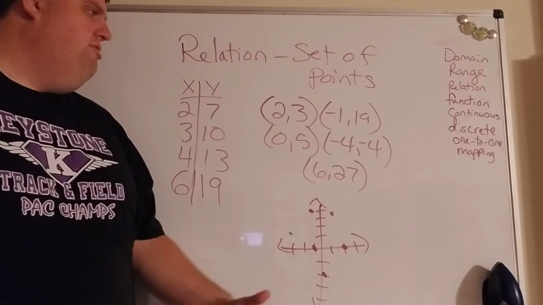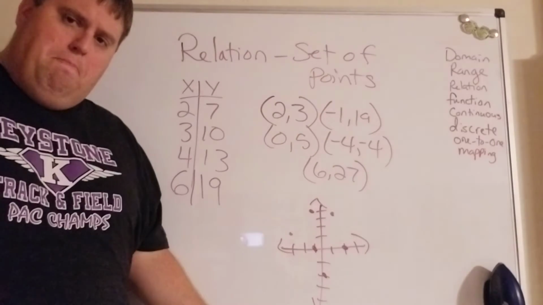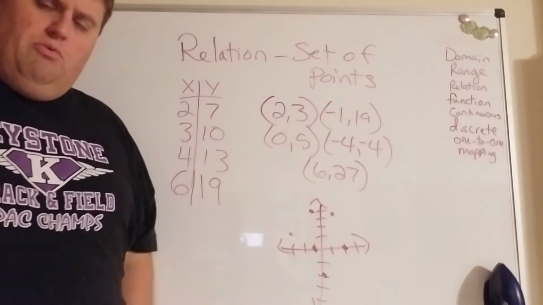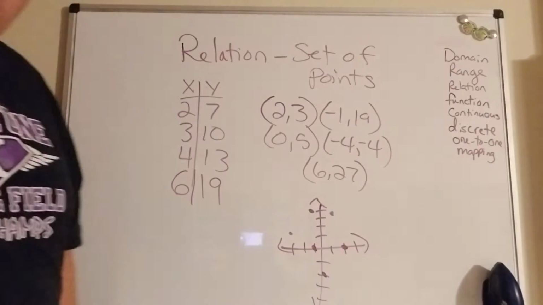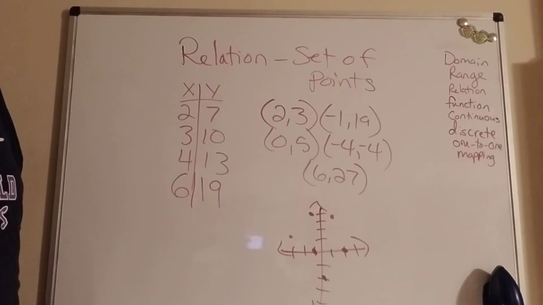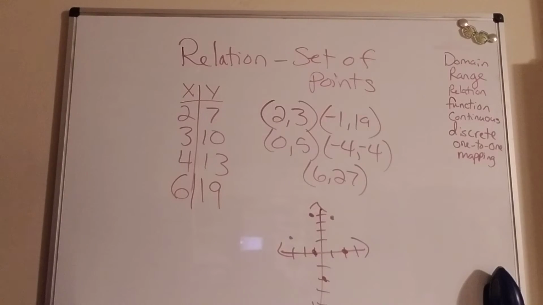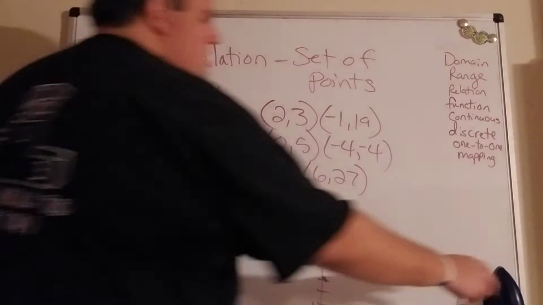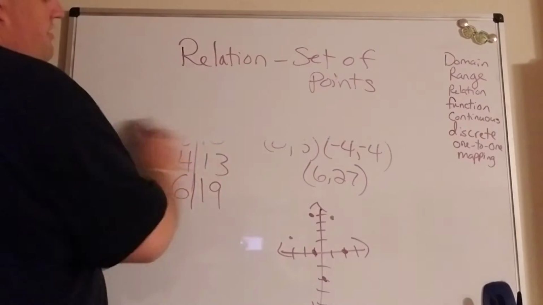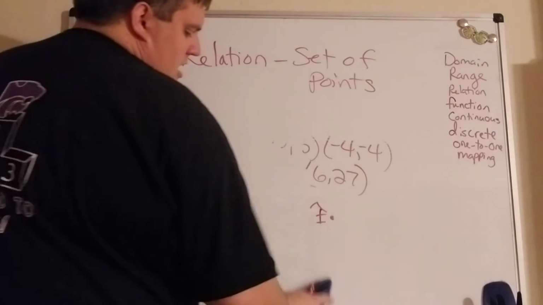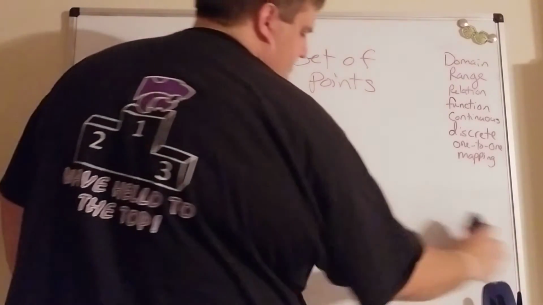Those are all things that you have seen before. I don't know if you've seen a mapping. So I want to show you one of those so you can tell what's going on with a mapping. All right, so all of those are relations. Another form of relation kind of looks like this.